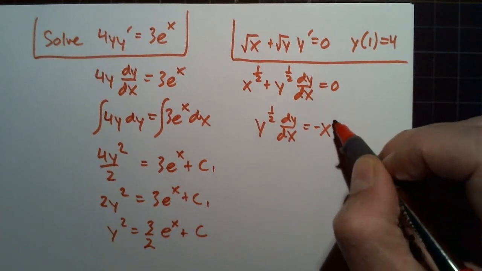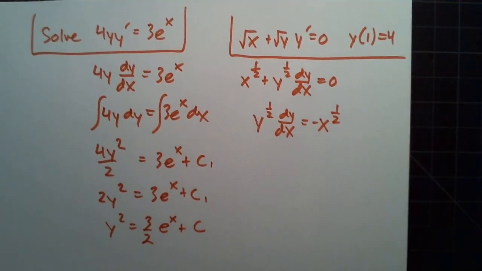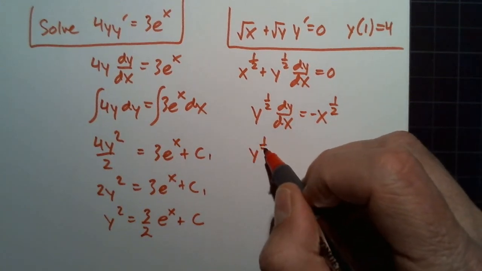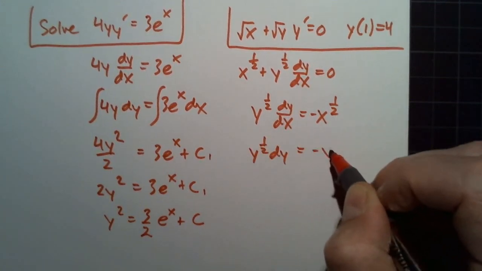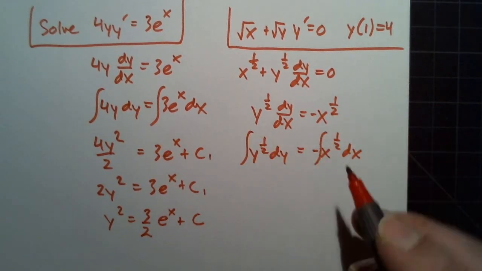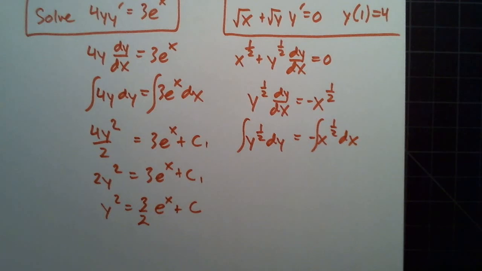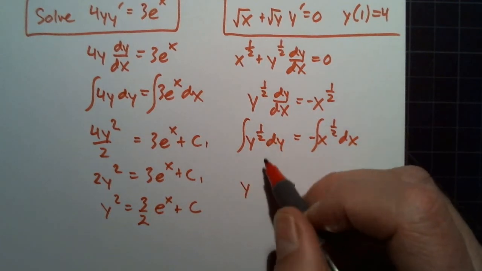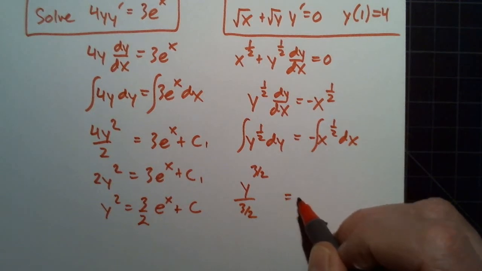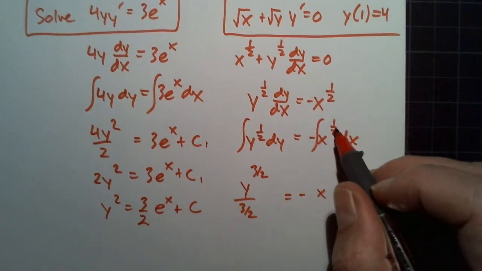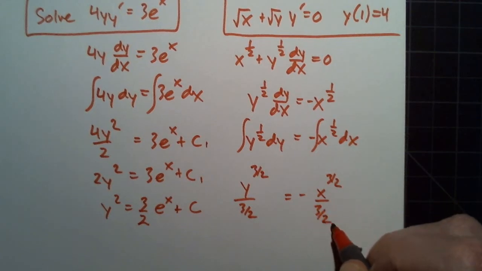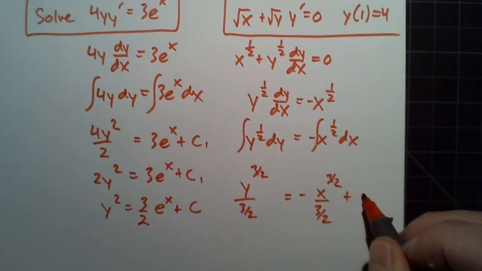Subtract x to the 1/2 multiplied by dx, so we have y to the 1/2 dy equals, we integrate, add 1, so we have 3 over 2 over 3/2, and here we're going to have adding 1 there, same thing, 3 over 2 over 3/2, plus c1.